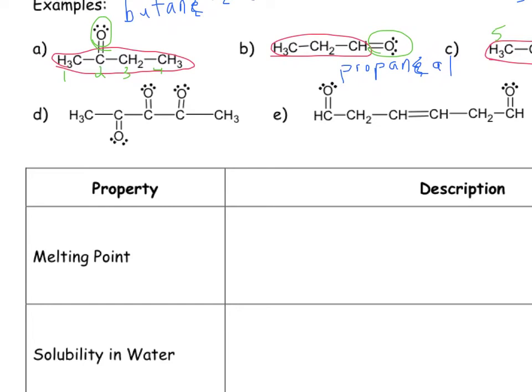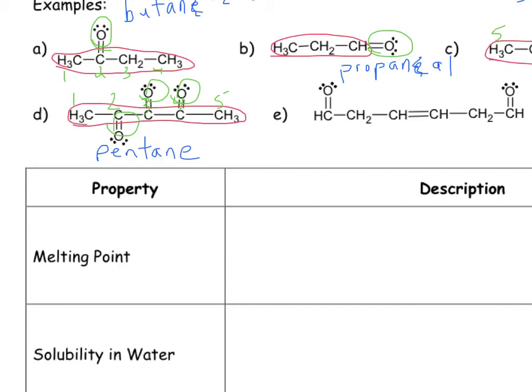Molecule D. The main chain is 5 carbons, giving me the root pent-. They are all single bonded, so I use the suffix -ane. I have 3 carbonyl groups that are not at the ends of the chain, so this molecule belongs to the ketone family. I would number my main chain so that the carbonyl groups get the lowest possible number.